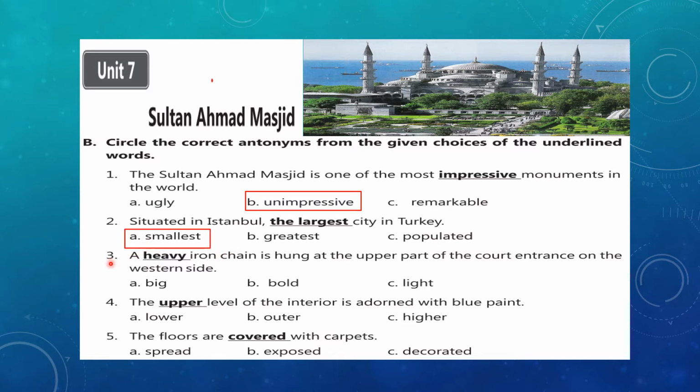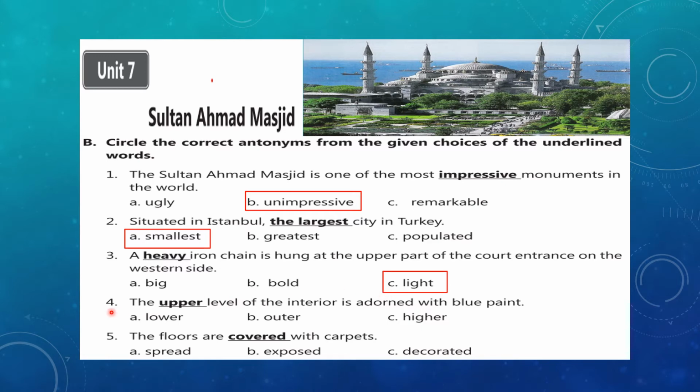Third sentence. A heavy iron chain is hung at the upper part of the court entrance on the western side. Underlined word is heavy. The options are A, big, B, bold, C, light. And the correct option is light.